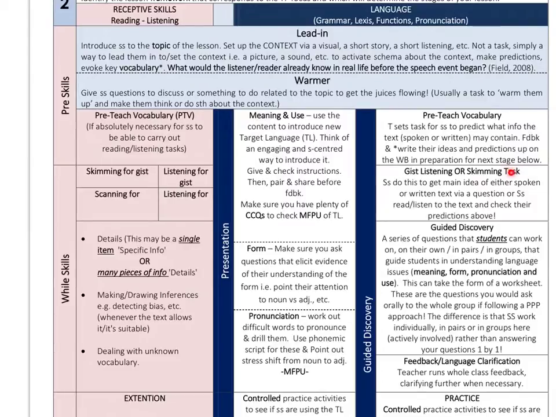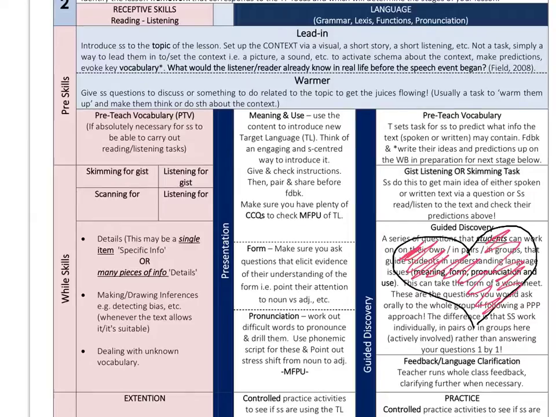Now, once they've done that and they know the text and the context and they've read it at least once and got the general idea, or listened to the text at least once and have a general idea, then we look at the heart of the lesson. This is the heart of the lesson, the guided discovery part.